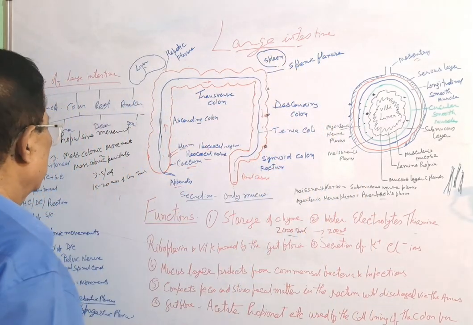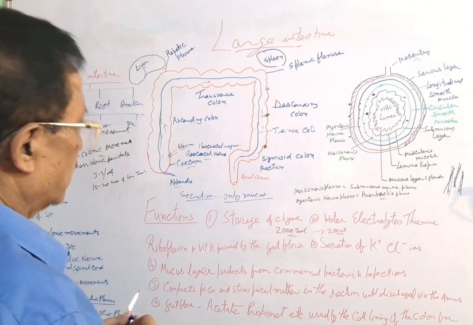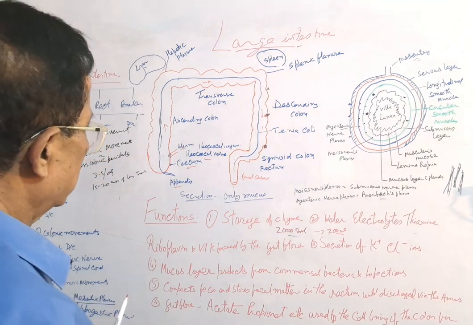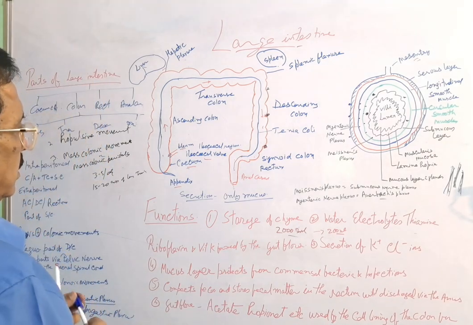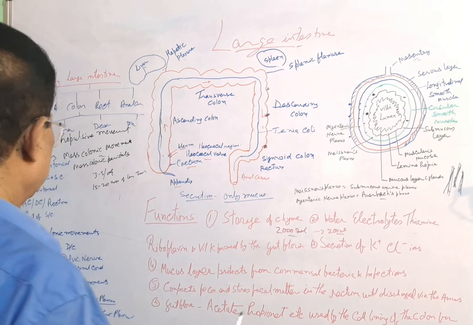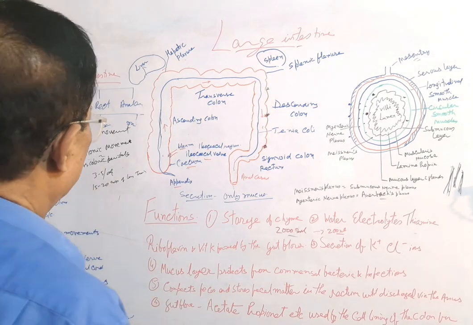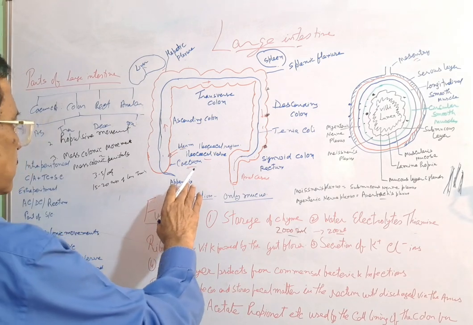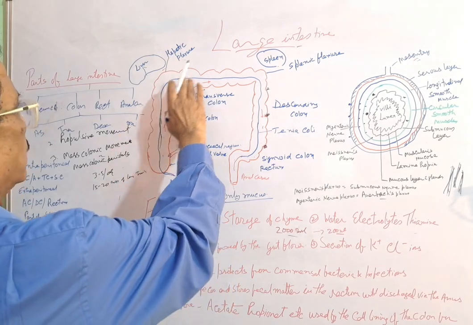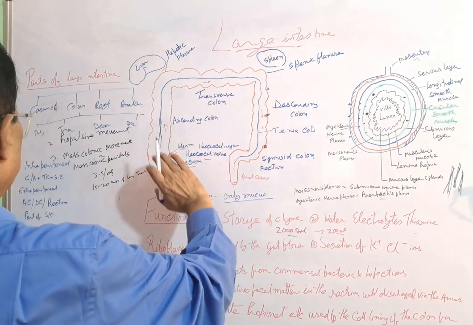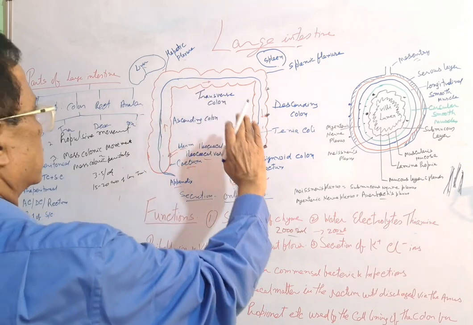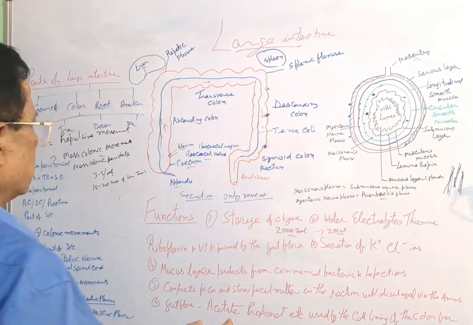The spleen is there, therefore it is known as the splenic flexure. Okay, these are the parts of the large intestine.